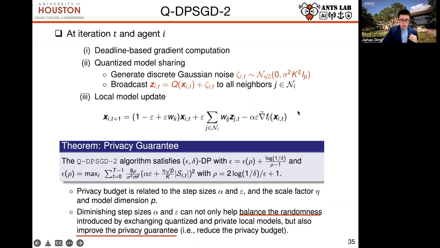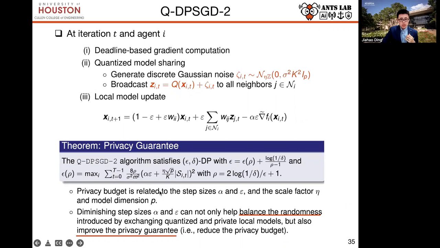Differential privacy is achieved by this perturbation. This theorem shows the privacy guarantee result, and we can see that the privacy budget is related to the step size epsilon, the scale factor eta, and the model dimension p.